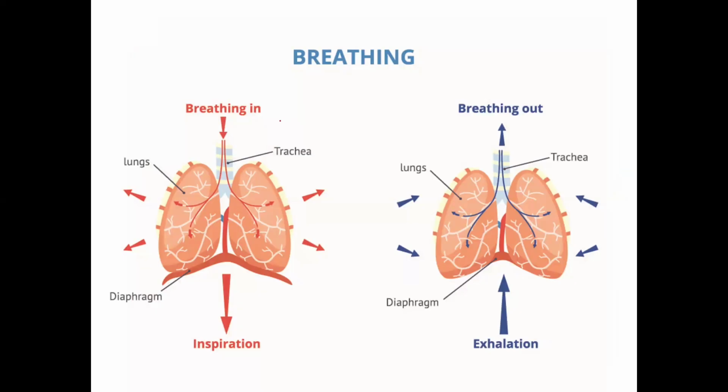Let's visualize how breathing is done. So breathing in, which kind of gas do we take in? Oxygen. Inhale through the nose, then nasal chamber, then trachea, then finally reach the bronchi, bronchioles, then alveoli, the tiny bags. This is breathing in, or inhalation, or inspiration.